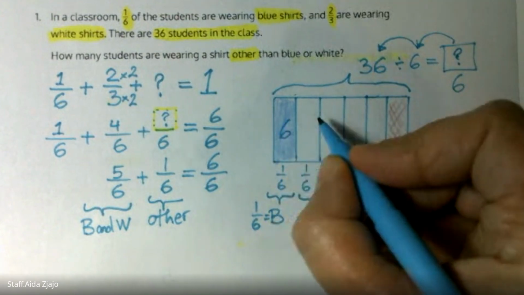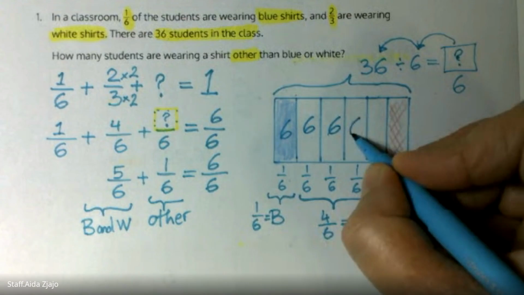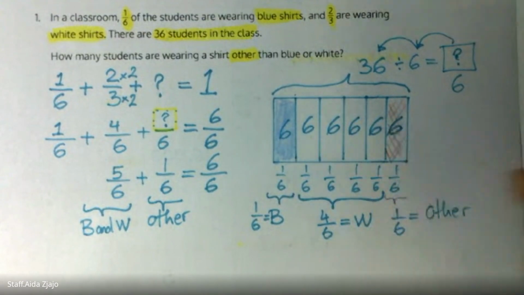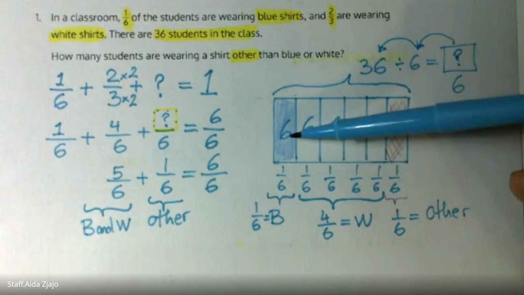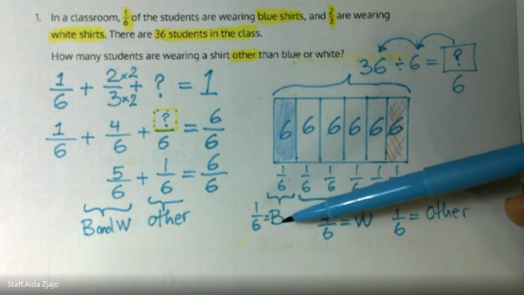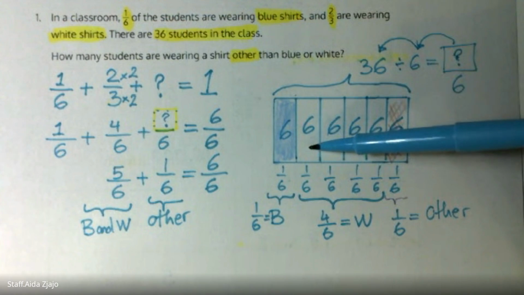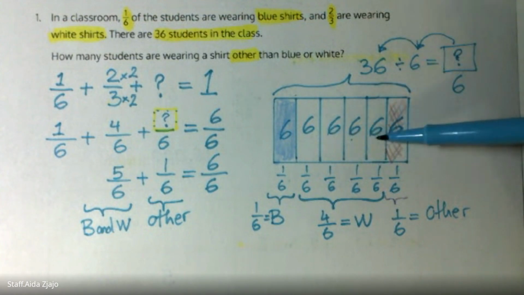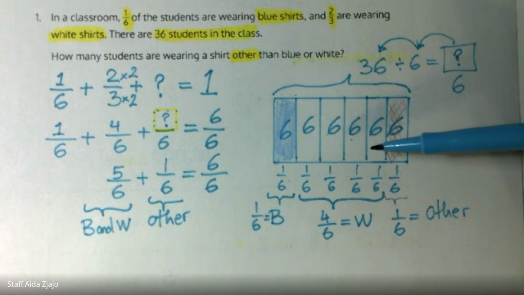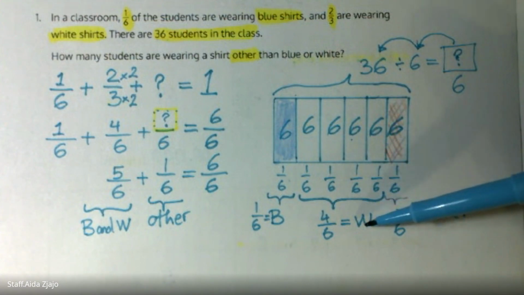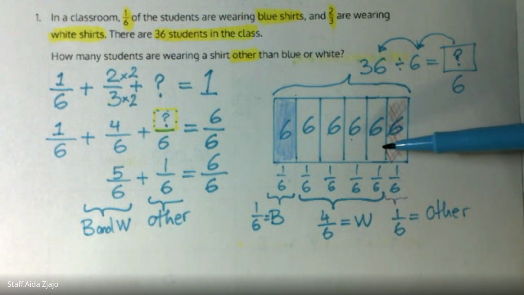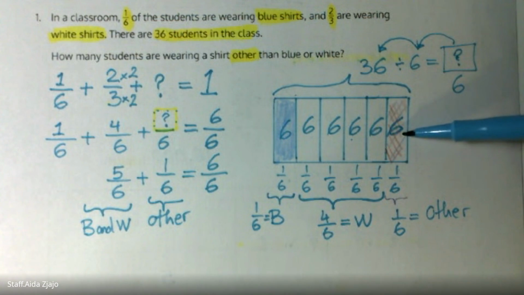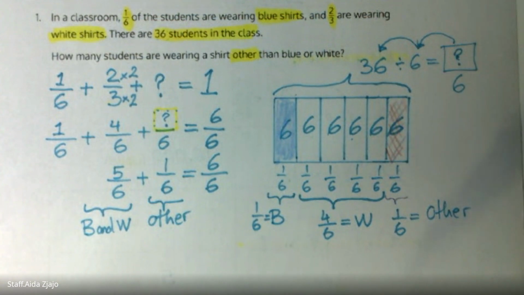So each of these represents 6 students. So 6 students were blue. And then 1, 2, 3, 4 times 6 is 24. So the white were 24 students. And then other colors were 6 students as well.